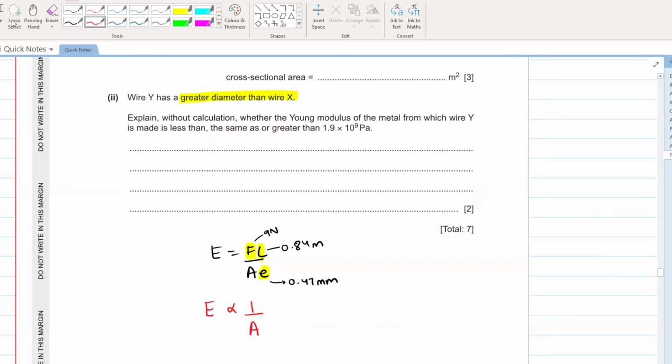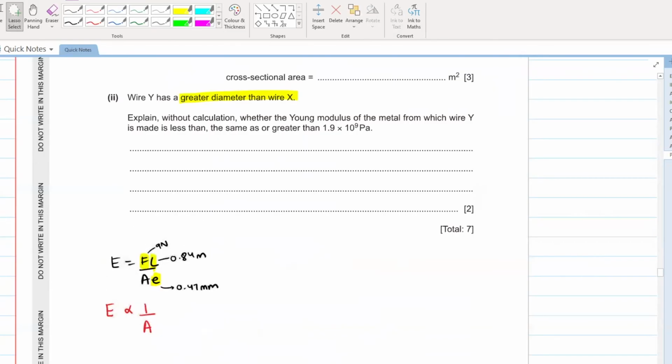Now, wire Y has a greater diameter than X, so wire Y will have a greater area. For a greater area, the Young's modulus will be lesser. You can write it like this: wire Y has a greater area than wire X. Hence, the Young's modulus of Y will be less than the Young's modulus of X. Let's write down the answer.